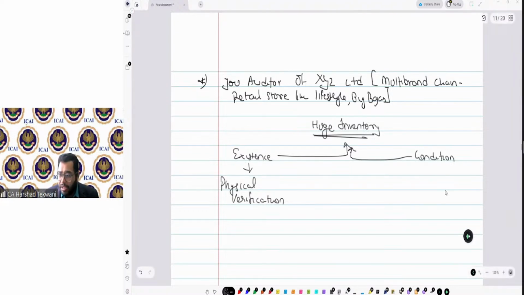Second is the condition of the inventory. How will you verify the condition of the inventory? Whether the inventory is in good condition or in bad condition.